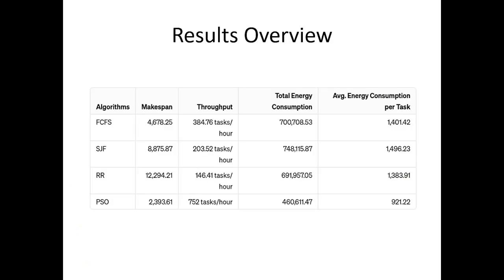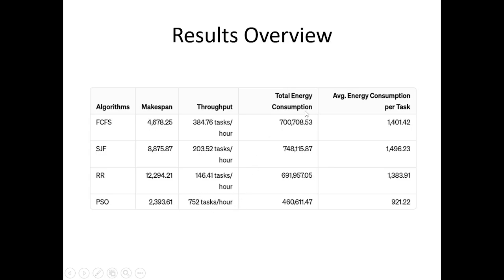Now coming to the results section, here we can see that when makespan is taken as a criterion, PSO has the least makespan, so hence PSO is the efficient algorithm when it comes to makespan. When it comes to throughput, again PSO is the winner as it has the highest number of tasks per hour.